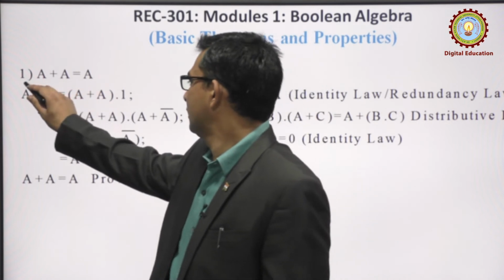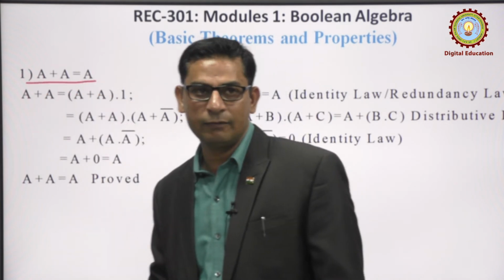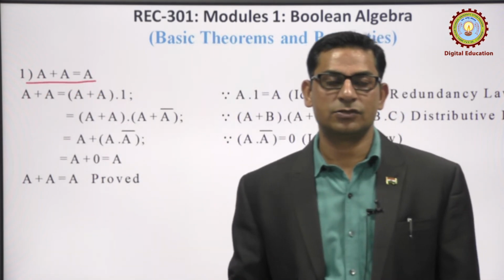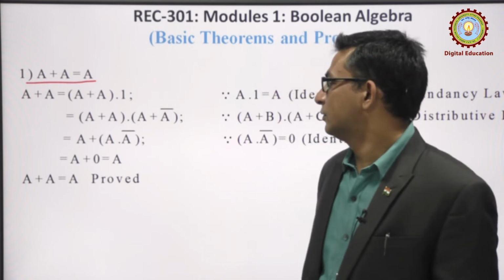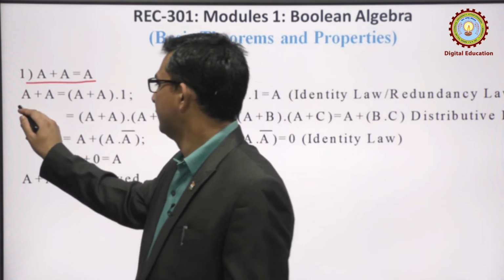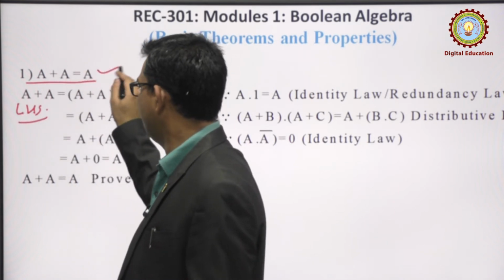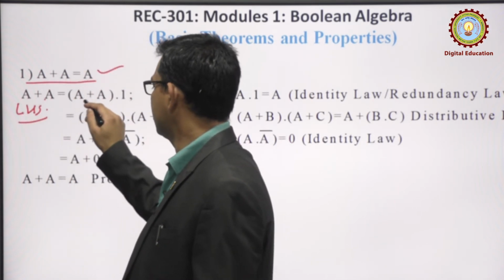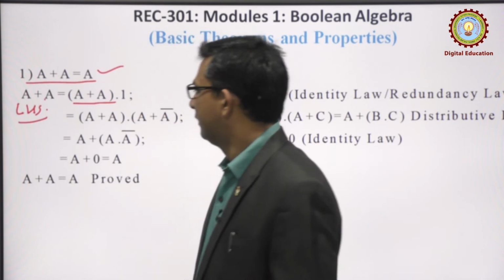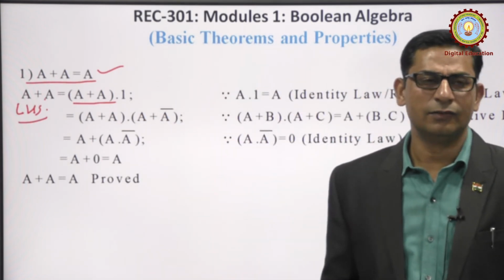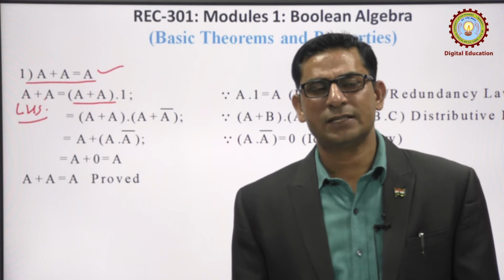So this is rule number 1, A plus A is equal to A. This is the left hand side, LHS, for this statement. So A plus A is equal to, we can write A plus A multiplied with 1.